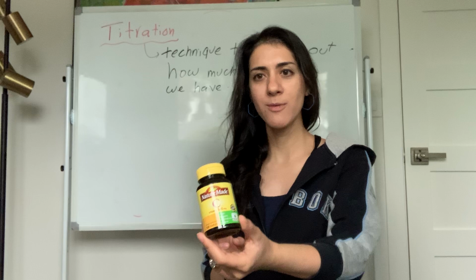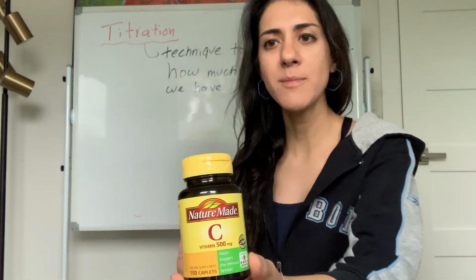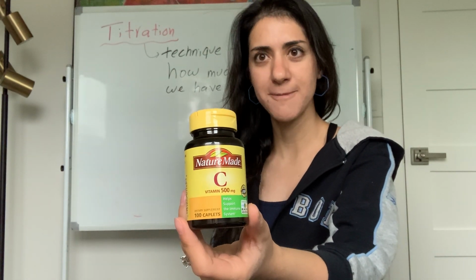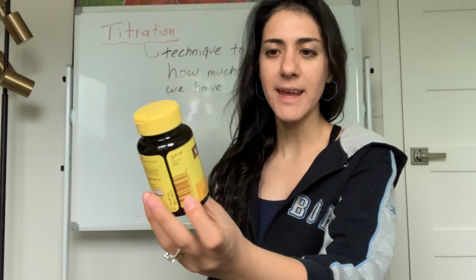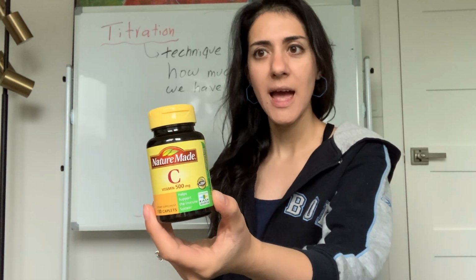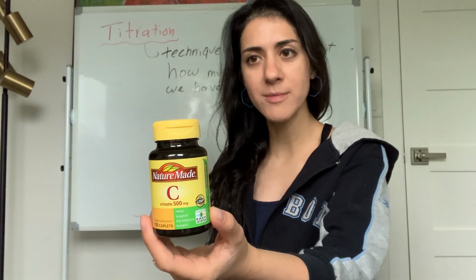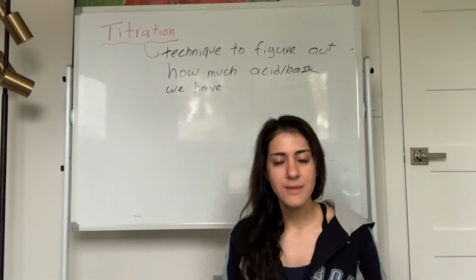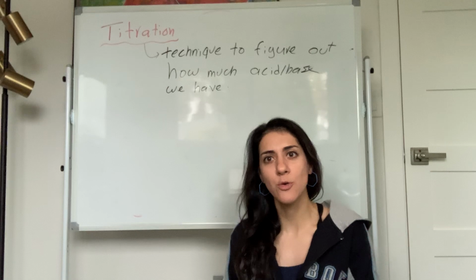Now, this one over here is a vitamin C supplement, okay? And it says that each tablet has 500 milligrams of vitamin C in it. Now, did you know that vitamin C is ascorbic acid?